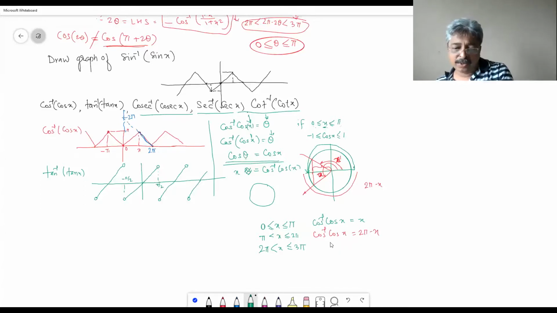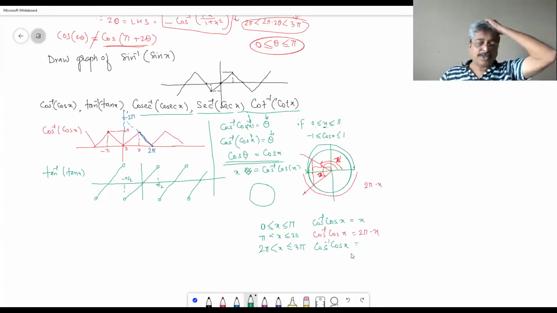But then you will have to subtract. Therefore the answer in this case, cos inverse of cos x is equal to, what will the answer be?